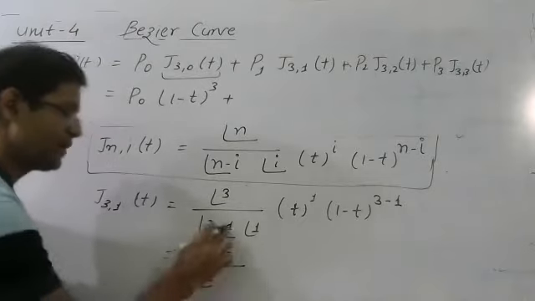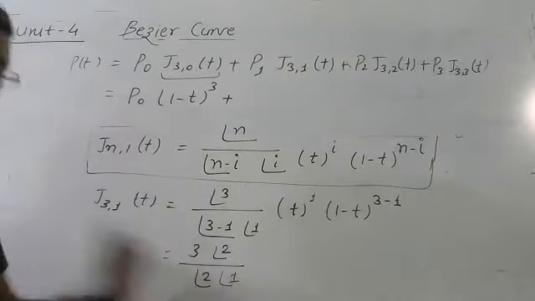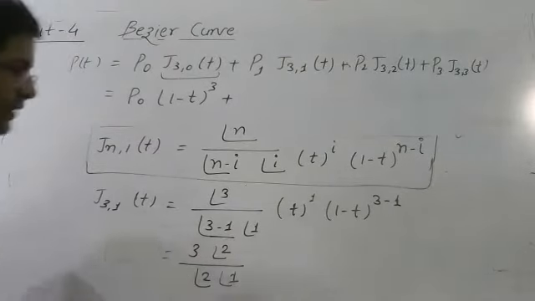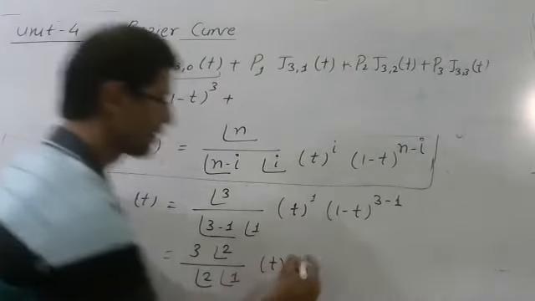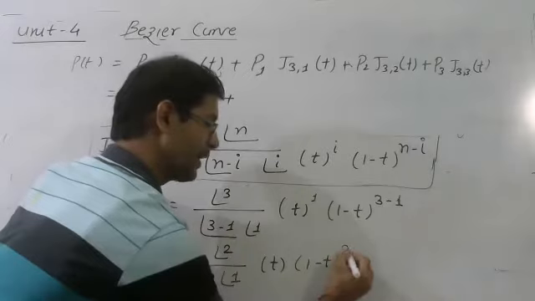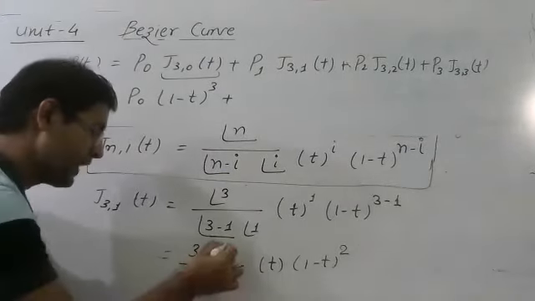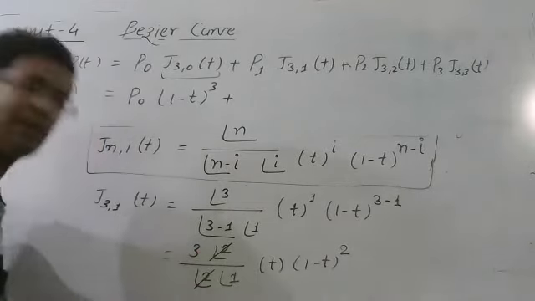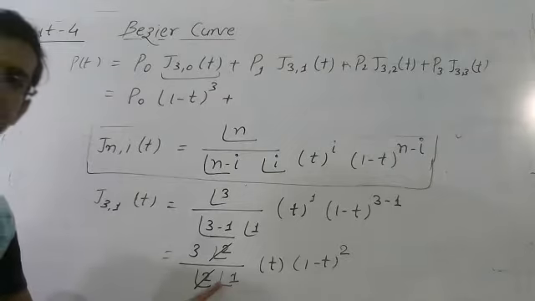Here 3 minus 1 is factorial 2 and factorial 1, which is already here. t to the power 1 will become t, and (1 minus t), 3 minus 1 will become square. Right. So here we can see that we can cancel out this factorial 2 with the bottom one, and the value of factorial 1 will be 1.